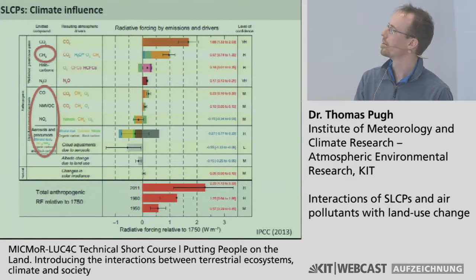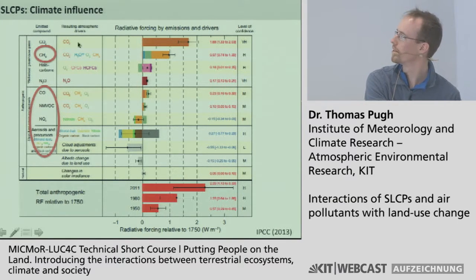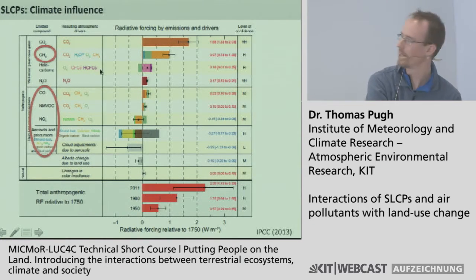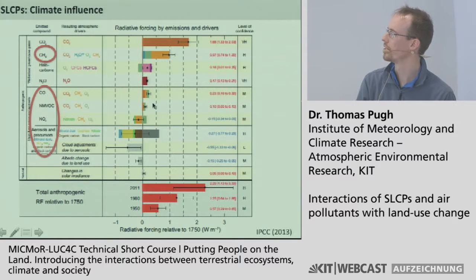And you can see pretty directly the radiative forcing associated with these gases, particularly CH4, but also CO, VOCs, NOx. In this category, you're seeing most of the increase in forcing through a change in ozone. You also get a bit of a decrease in the methane lifetime due to NOx.